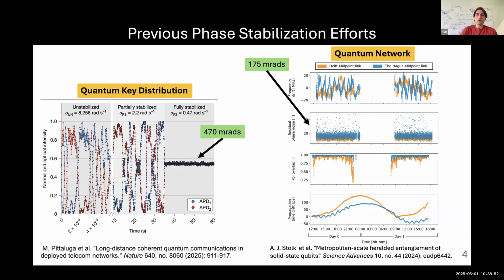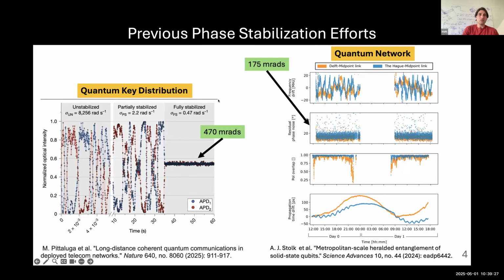When I read some of these papers and see the results, I don't really know what they're doing. I feel like there's not a good standard for what is a phase measurement, what constitutes a good phase measurement, and how you actually stabilize optical fiber paths, and even free space paths, in a good way.